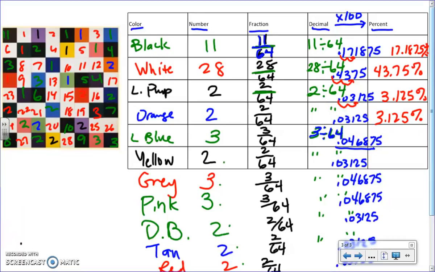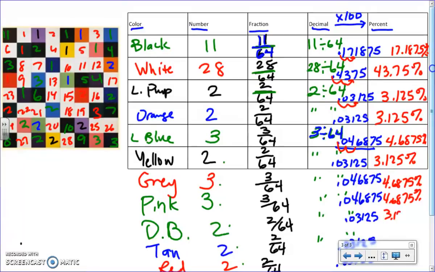This time I have 0.046875, so it would be 4.6875%. Okay, and then we have some repeated ones here, 125%, 4.6875%, and the same thing happens for several of these because they are the same calculation.